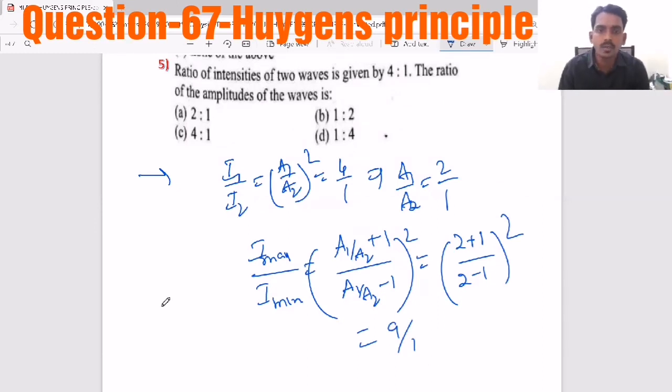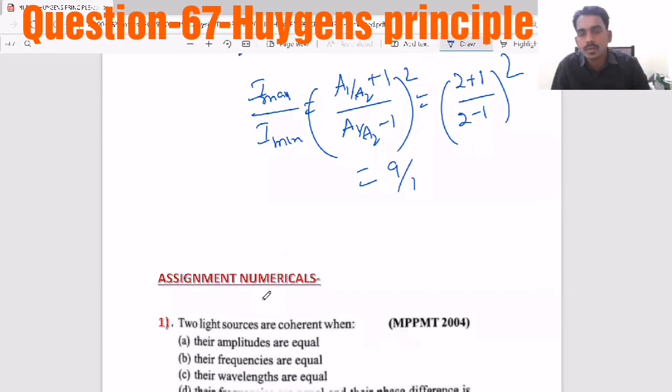So this way, just try to understand what Huygens principle is and what the principle of superposition is. The same concept you have studied in waves also, and we will study it in further classes. But just try to remember the simple concept: what should be the phase difference and path difference so that constructive and destructive superposition or interference takes place.